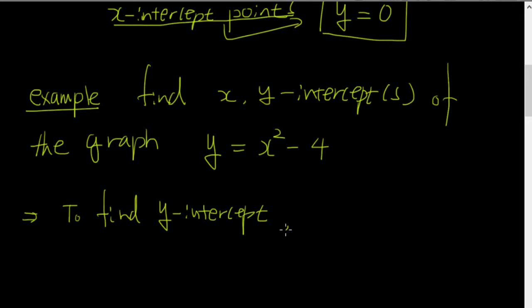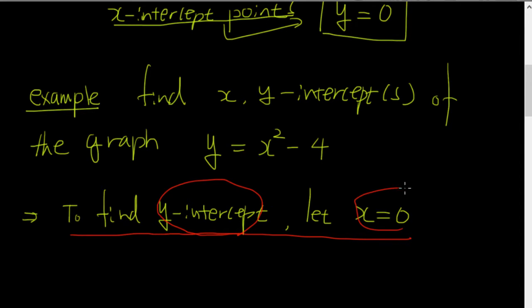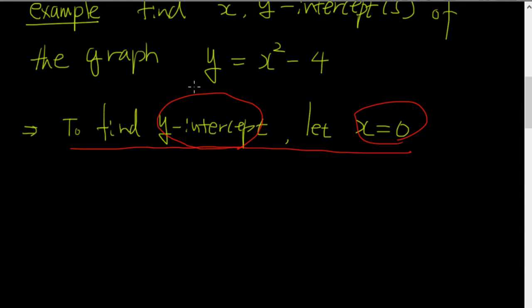Not really. To find the y-intercept, we are going to let x equal 0. This line right here is almost like a formula. Whenever we need to figure out the y-intercept, we let x equal 0. So from the given equation, if we let x equal 0, then the equation becomes y equals 0 minus 4.